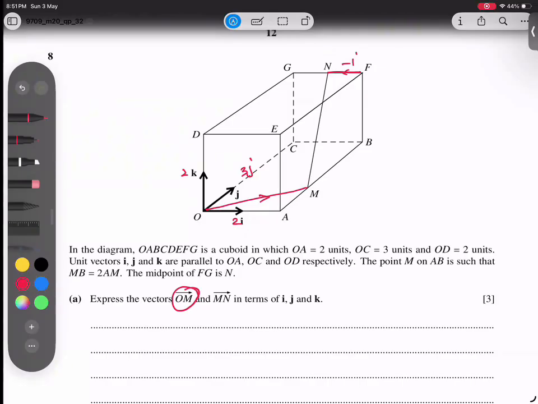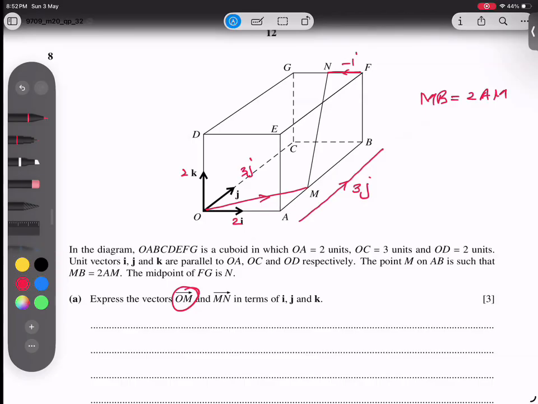Now, what is the target? O to A and A to M. But before that, we have to concentrate on this. One thing is very clear, the full length from here till here is 3 units, 3j. He said that MB is equal to 2 times AM.